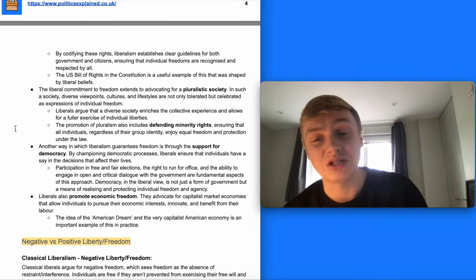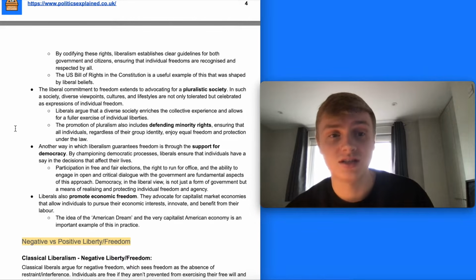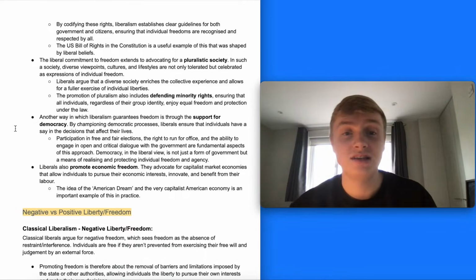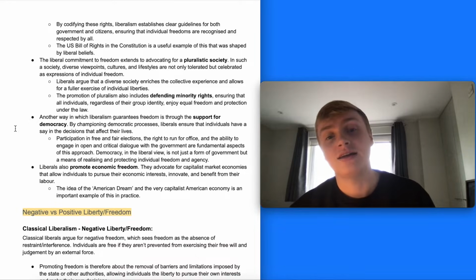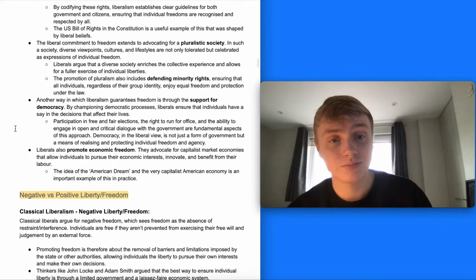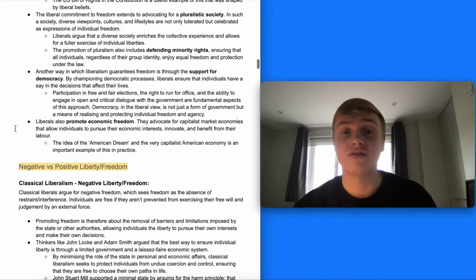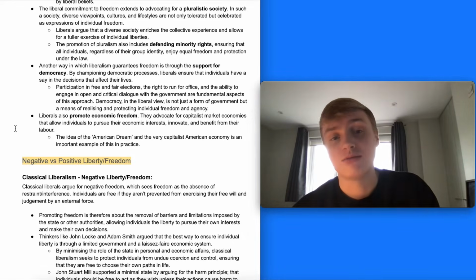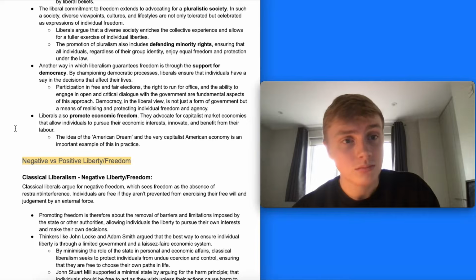We'll look at this in a little more detail when we look at tolerance as a key principle. They argued that a diverse society enriches the collective experience and allows the full exercise of individual liberties. This really extends to defending minority rights as well, which ensures that all individuals enjoy equal freedom and protection under the law.